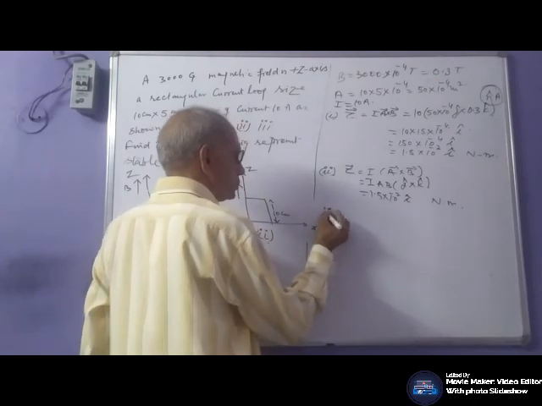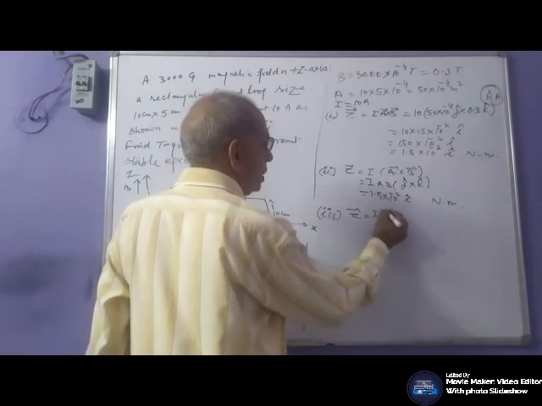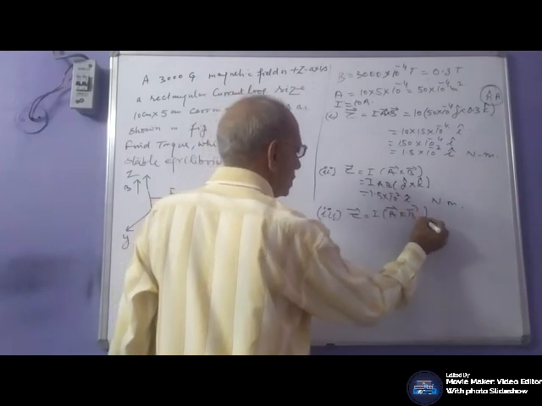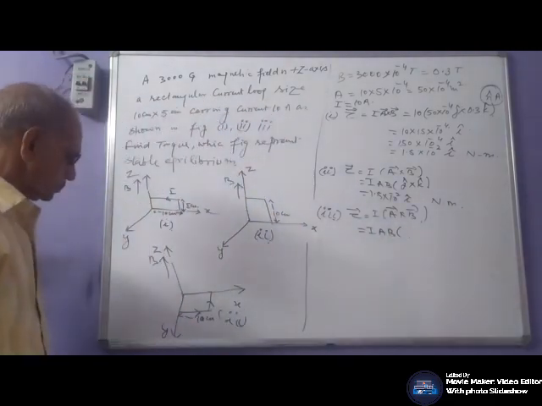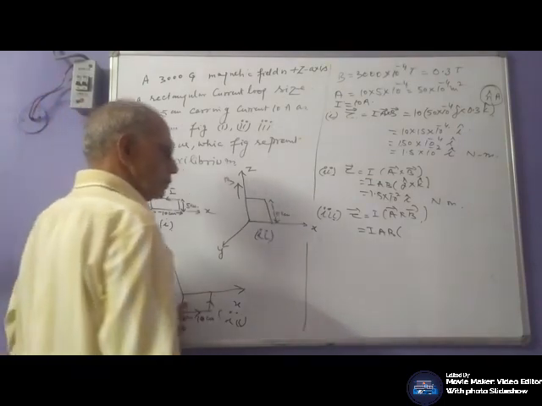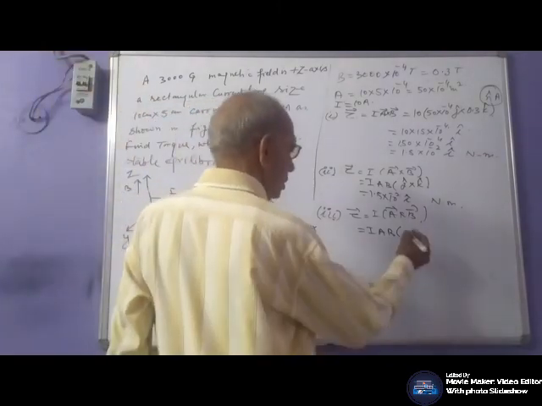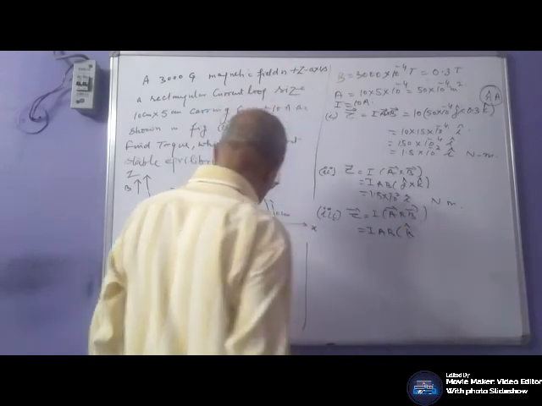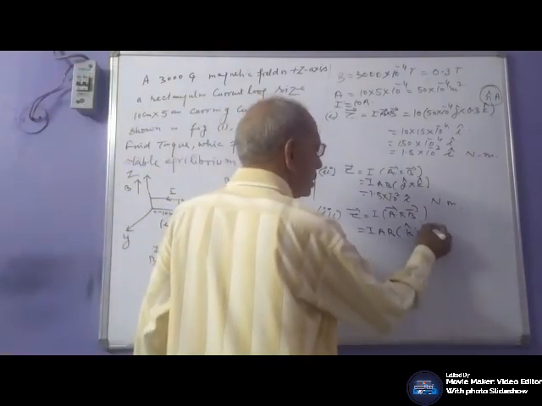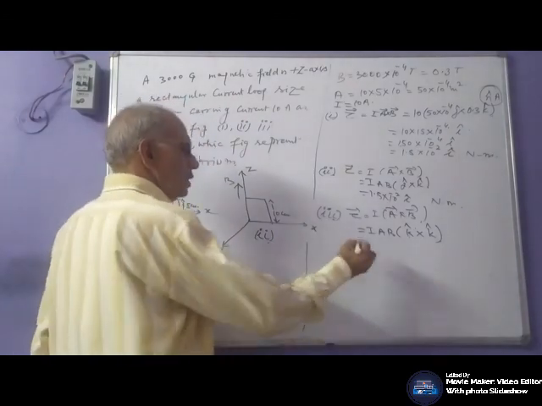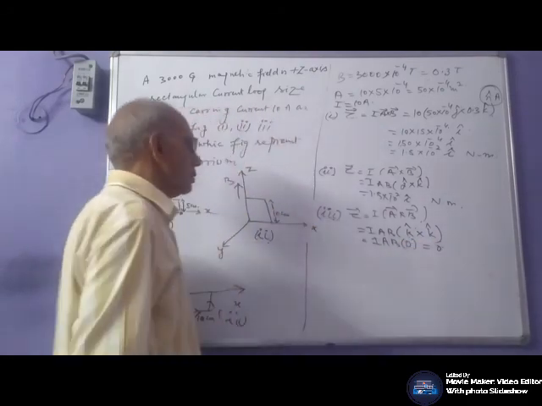Third, again torque is I A cross B. A is the normal to area, which is K, and B is K. K cross K, so torque is 0.